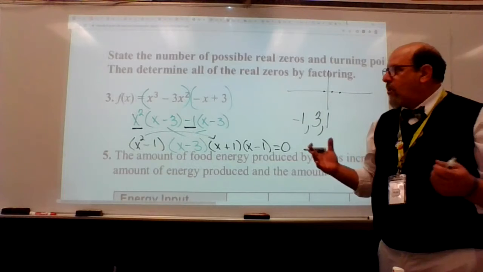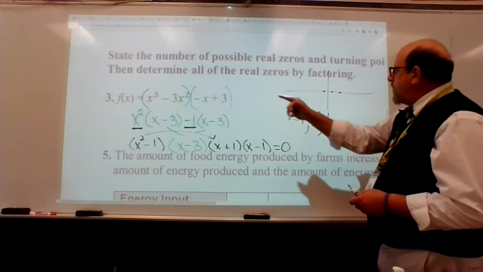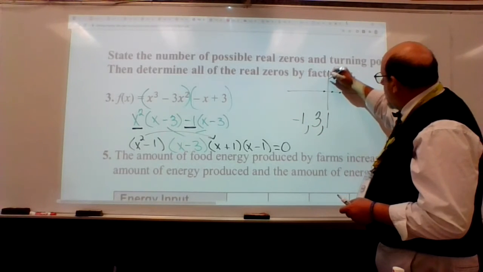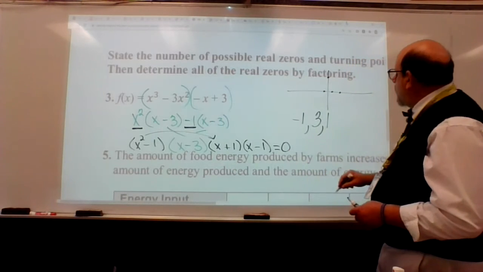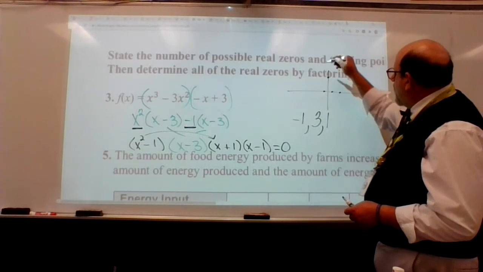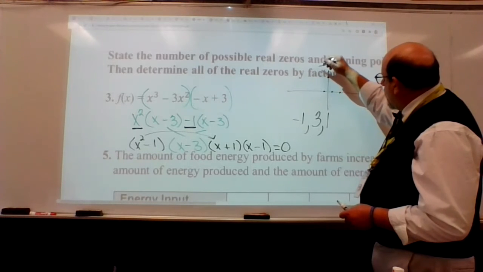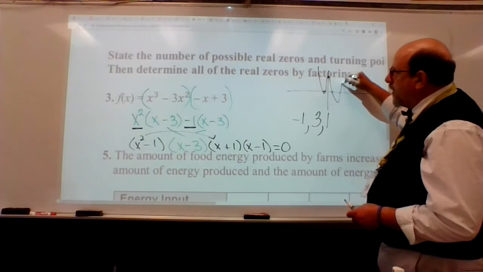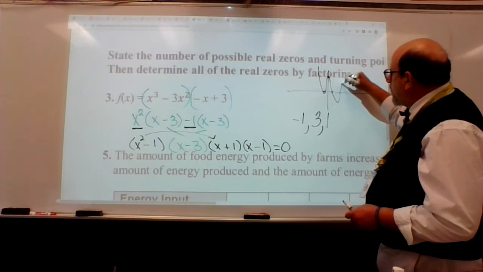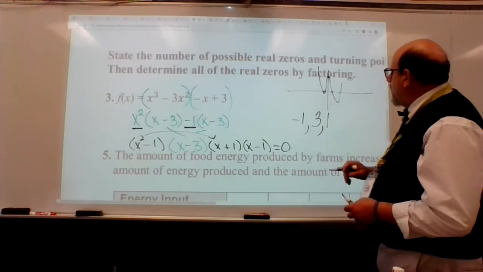So you have more information. You do have some information there that you have 0, 3, right? You have a y-intercept here in your original function. So you can see it probably comes down here, crosses down there. Oops, I did it backward, but you know what I mean.